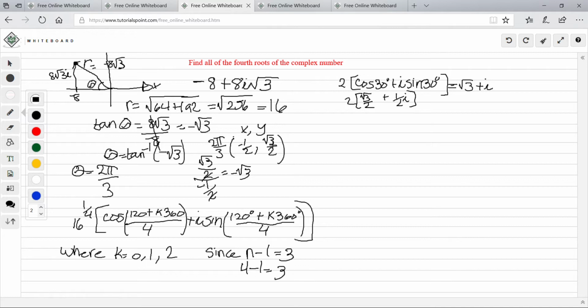If you plug in k equals 1, you get 2 times cosine of 120 degrees plus i sine of 120 degrees.